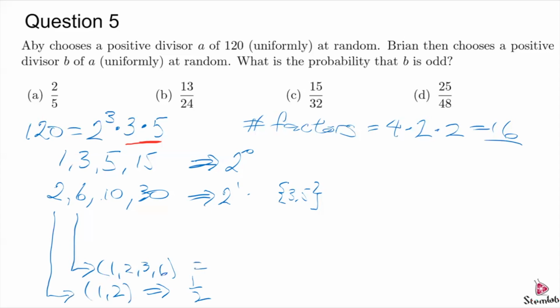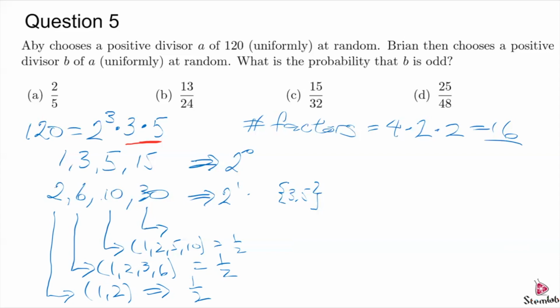Again, Brian has half a chance of picking an odd B. And if you look at 10, the factors are 1, 2, 5, and 10. Again, Brian has half a chance. So it turns out that if we pick something of the form 2 to the 1 times some combination of 3s and 5s, Brian has half a chance of picking B to be odd.